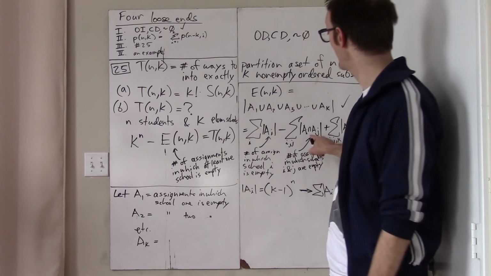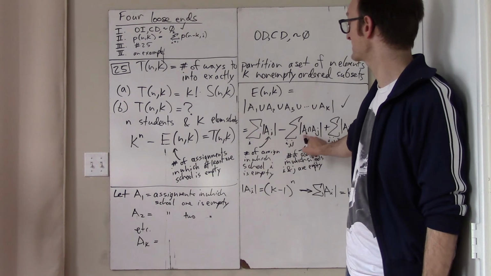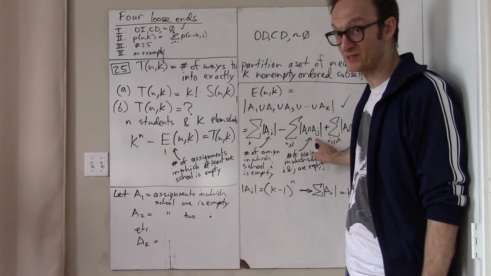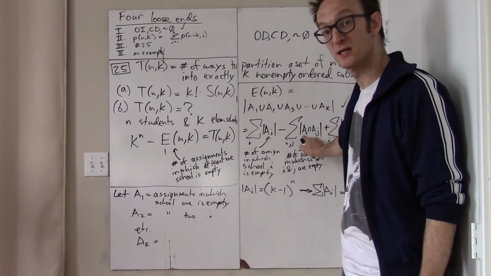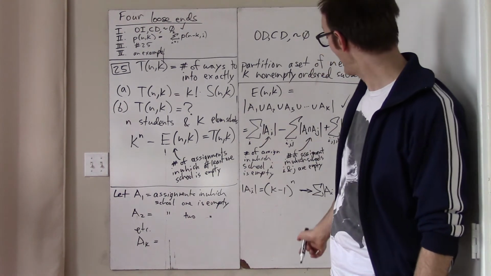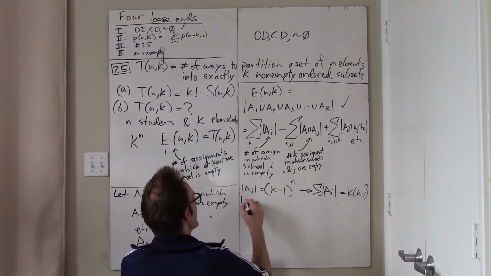That is the meaning of A_i intersect A_j. A_i is the set of assignments in which school i is empty, A_j is the set in which school j is empty, so the intersection is the set of assignments in which both school i and school j are empty.